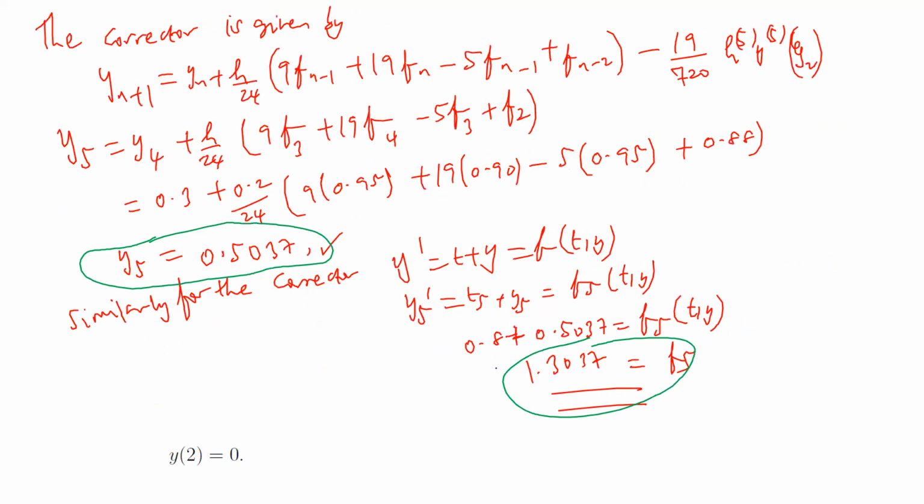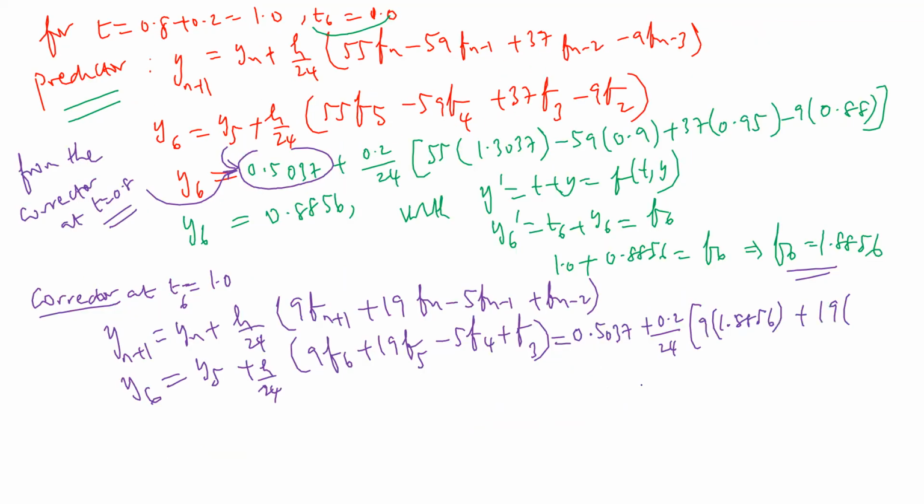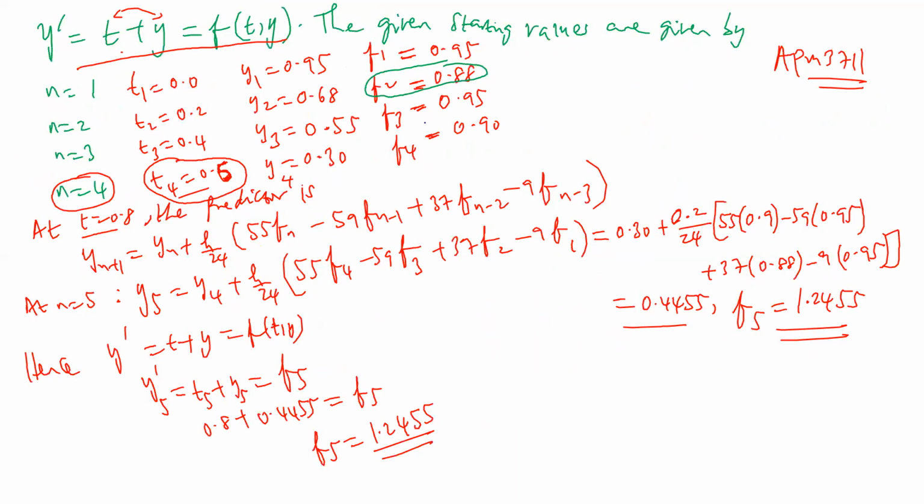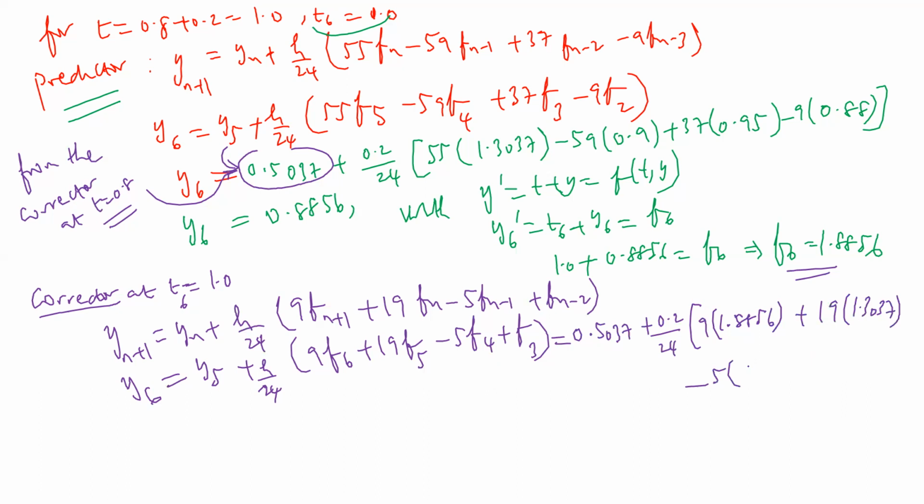This is F5, 1.3037, minus 5 times F4. What is F4? Okay, F4 is from the table, 0.90, just 0.9.